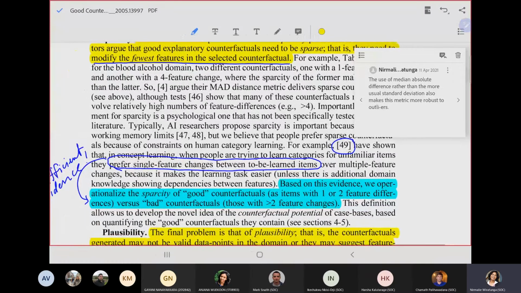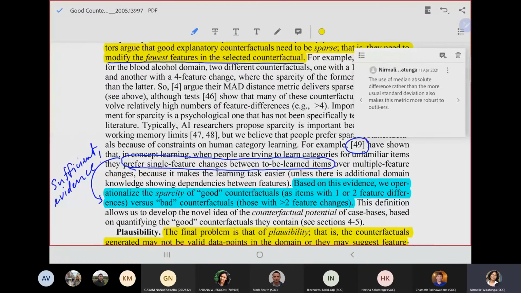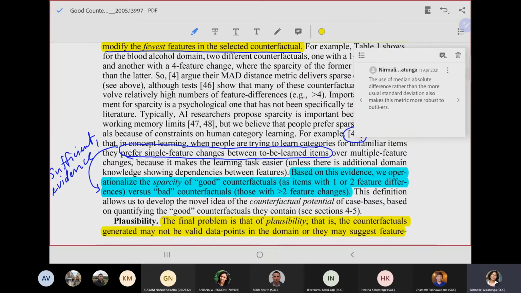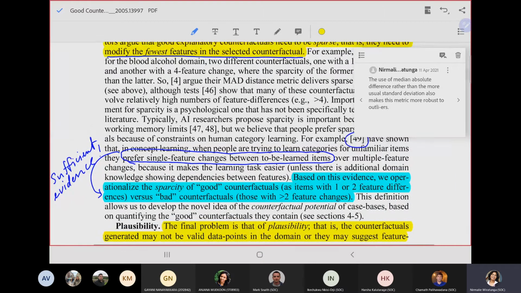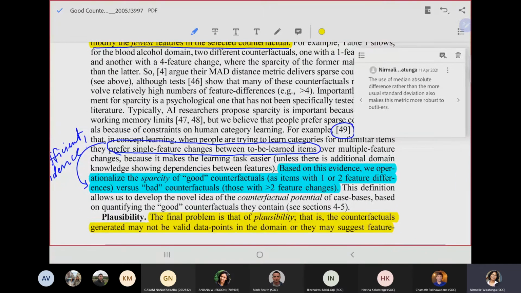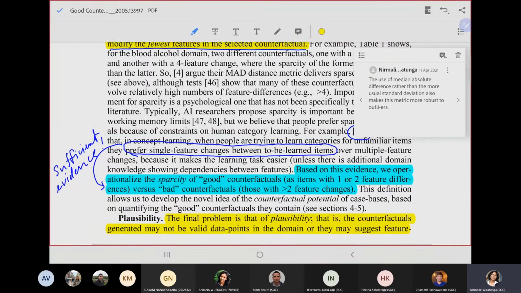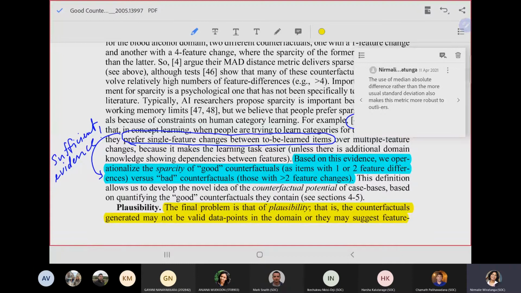And then they say, looking at the cognitive burden on humans, they are suggesting that there's a preference that the changes are a single feature between the two items, or in their threshold, they say, based on this evidence, although there's a bit of a jump here from what is in the literature in this paper 49, where they say a single feature change is good, they make a small jump to say, based on this evidence, we operationalize the sparsity of good counterfactuals as items with one or two feature differences versus bad counterfactuals, those with greater than two feature changes.